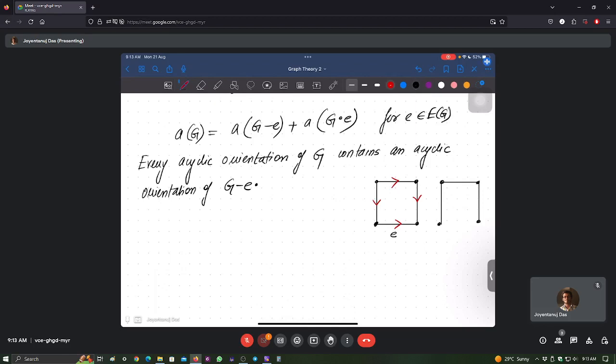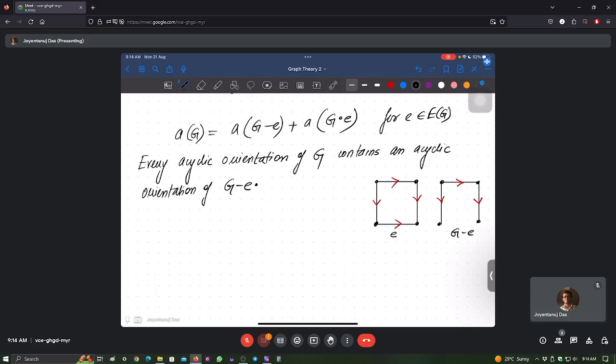If I just copy the orientation, this is also acyclic, right? So this statement is clear. Every acyclic orientation of G contains an acyclic orientation of G minus e.